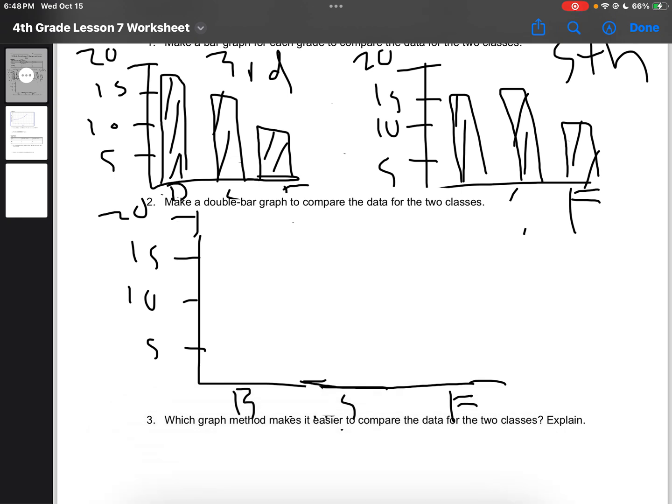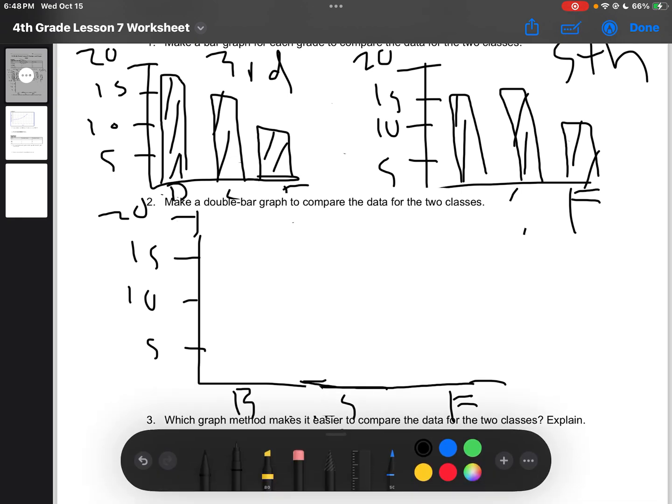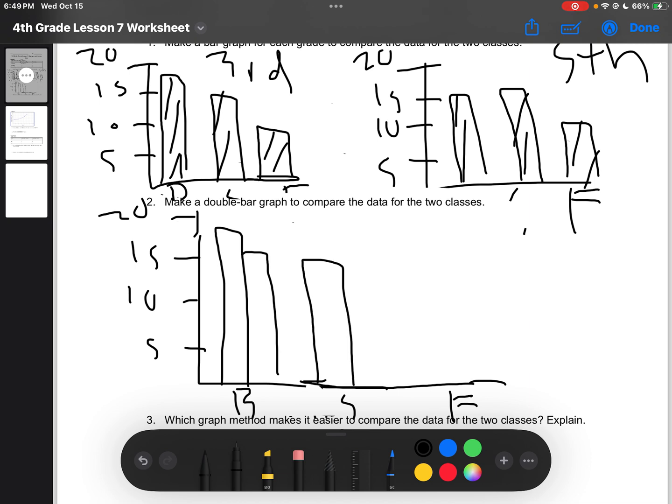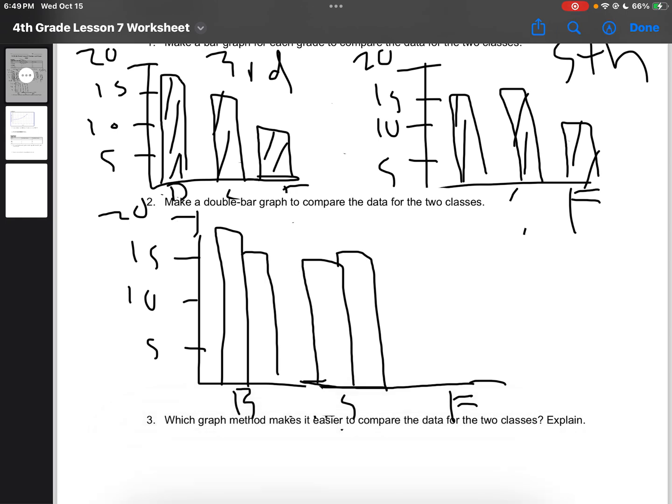Really, just copy the bar graphs we drew. For 3rd grade, we did 17, and for 5th grade, it was 15. So we'll draw one right here. For S, 3rd grade was 14, so we'll do right here. And 5th grade, it was 15, like right here. No, was it 15?